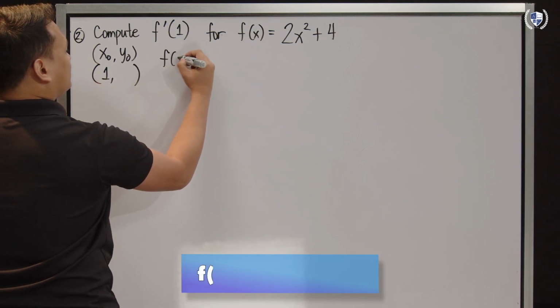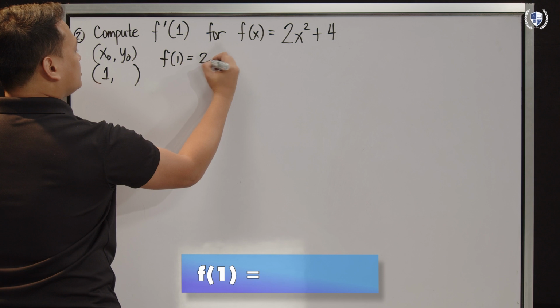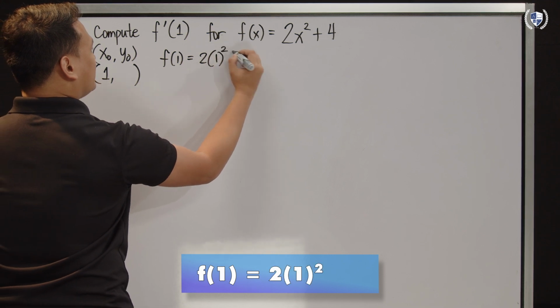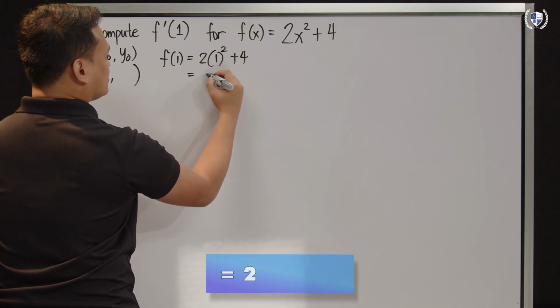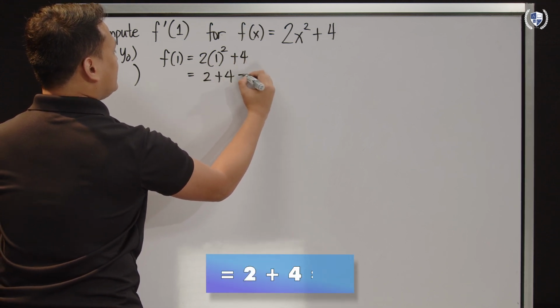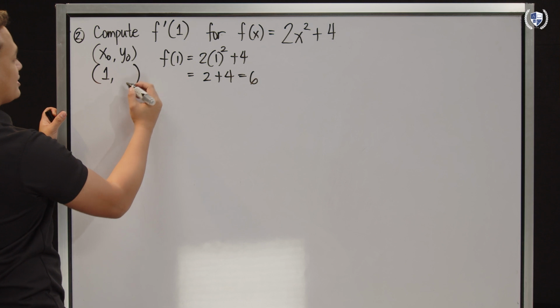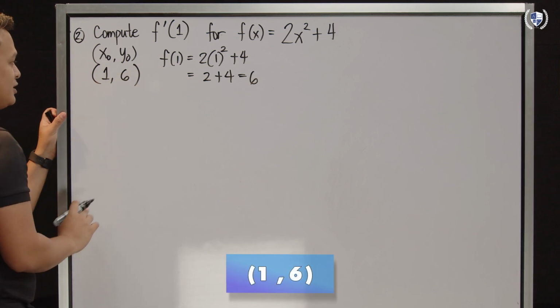So f of 1 would be equal to 2 times 1 squared plus 4. So this is just equal to 2 times 1. So 2 plus 4 equals 6. At ang y naught natin would be equal to 6. Ano yung susunod?